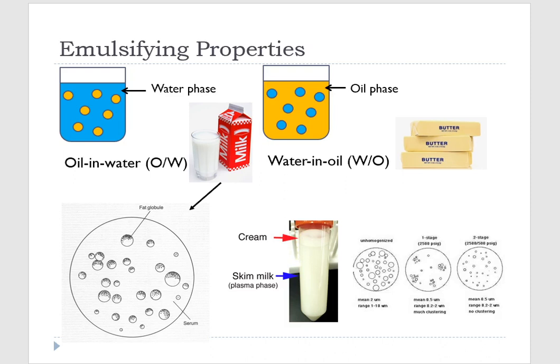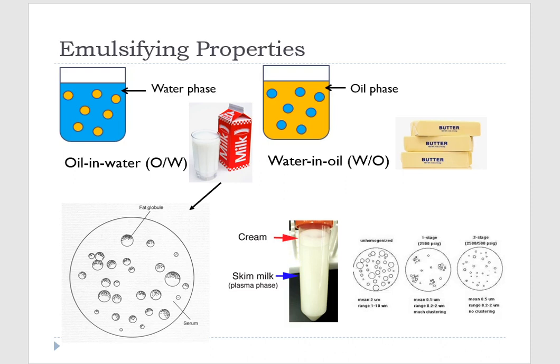Let's see the emulsifying properties of the proteins. Foods such as milk, soy milk, egg yolk, butter, margarine, mayonnaise, salad dressing, sausages, cakes, those are all emulsion type products where protein plays an important role as an emulsifier.